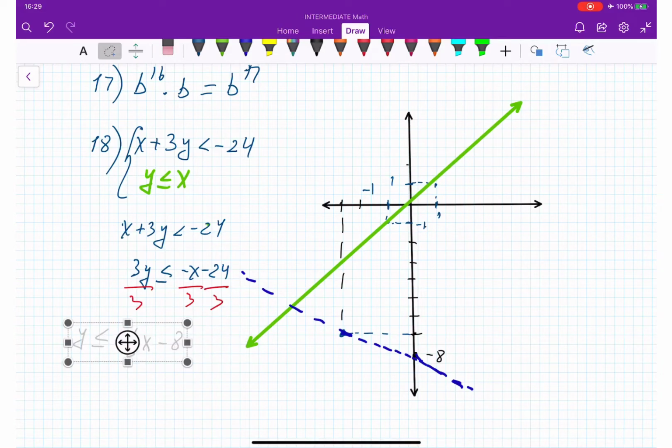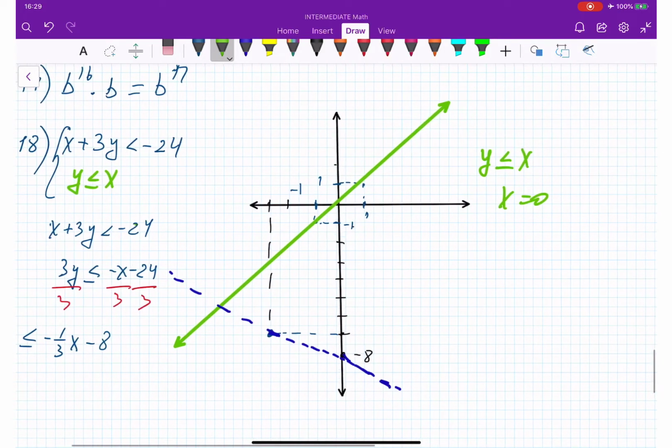Very easy. So for the y less equal x, when x is 0, let me write down here, green. Y less equal x. When x is 0, then y is going to be less equal 0, right? Which means it's going to go like this, correct?